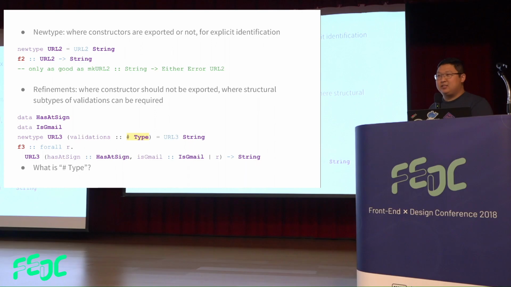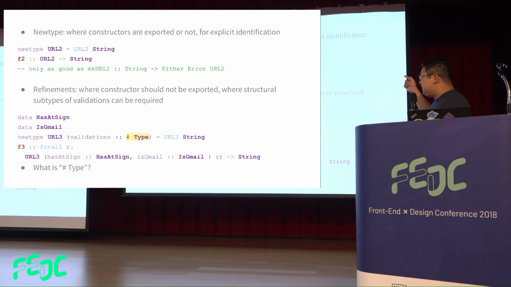So when you export this function, you might do a lot of validations, and then you might return the result as an Either. You might say on the left side you have some kind of error, or on the right side you have a successful URL creation. But this is only as good as your makeURL2 function, right? So if your makeURL2 function only tests if it contains HTTPS, then an FTP URL won't pass that test and it'll be invalid, even though it's supposed to be valid, depending on the context.